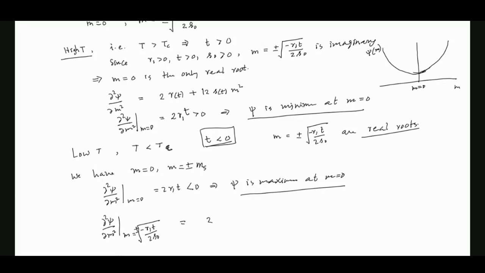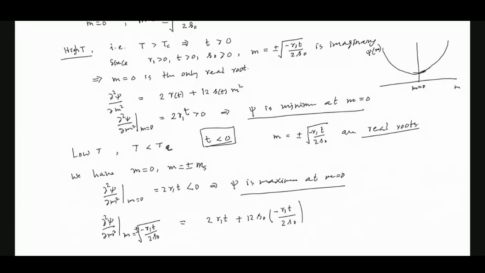That is 2r1 t plus 12 s naught into minus r1 t divided by 2 s naught.